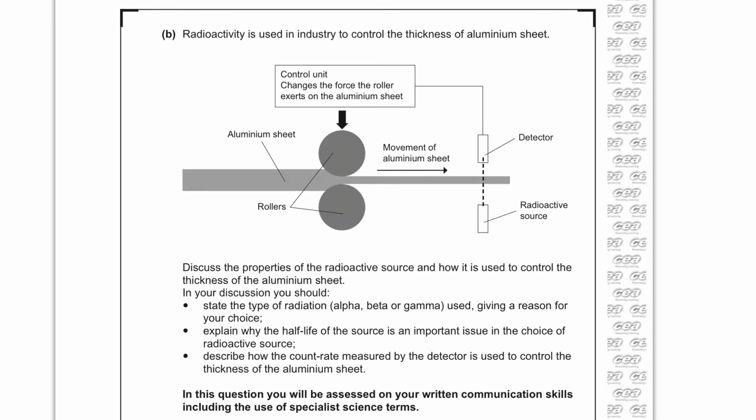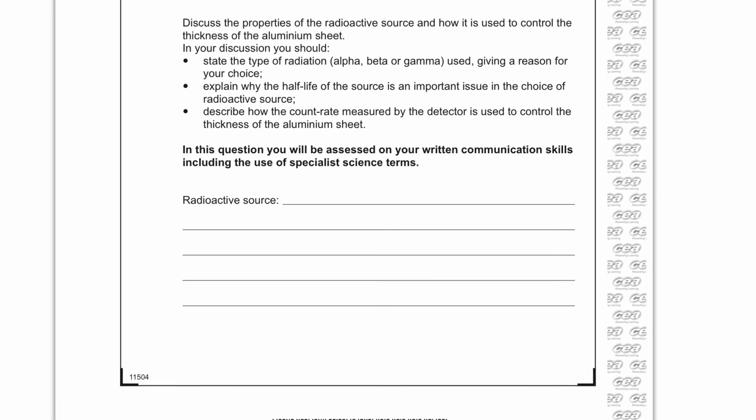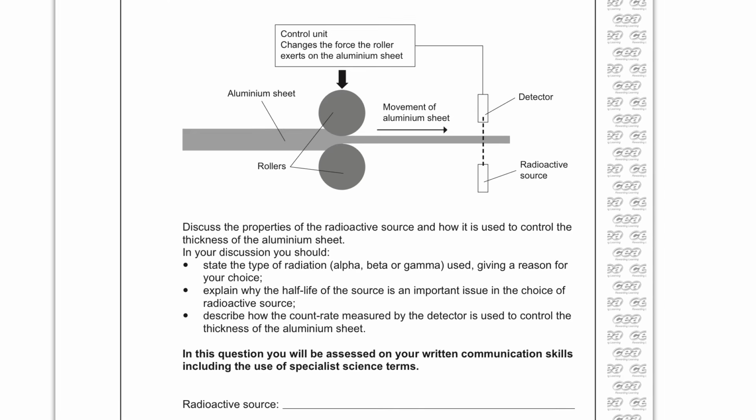Okay, and you'll be assessed on your written communication here. So the radioactive source we would need, well, alphas won't go through aluminium, and if it's thin aluminium like foil, then it might not change very much when you put gammas through it.